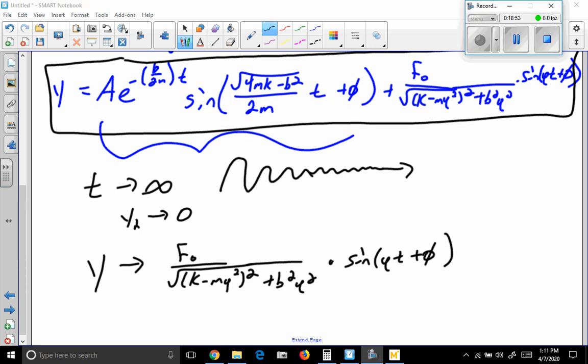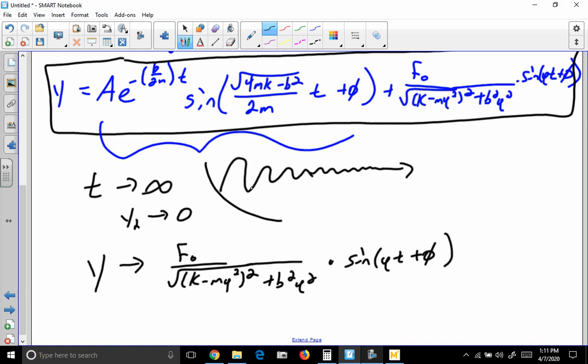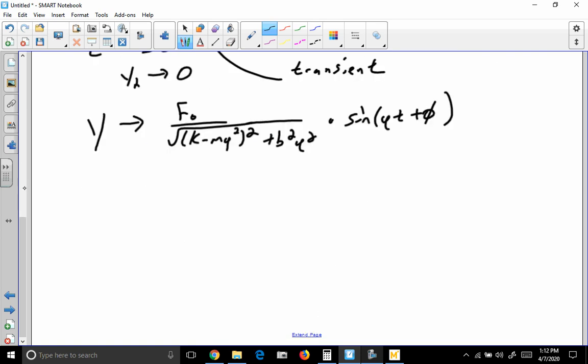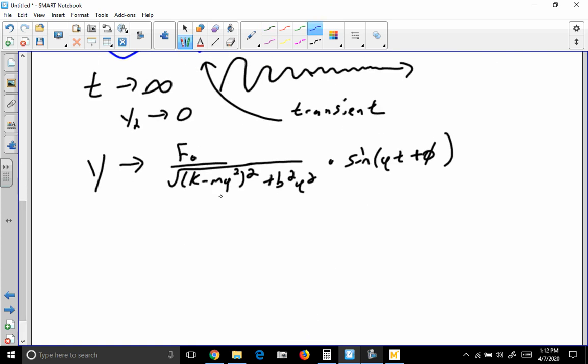So over time, as this goes to infinity and that goes away, we refer to that part as the transient part of the solution. It's leaving, it's moving. So if we look at this remaining part, the amplitude is given by that part.